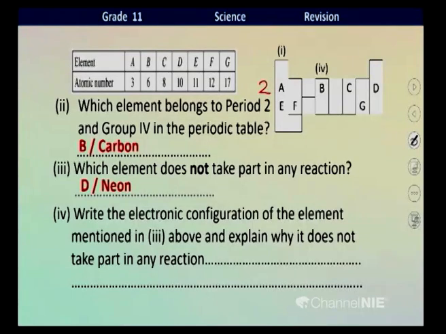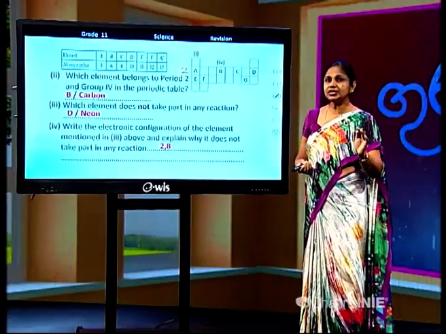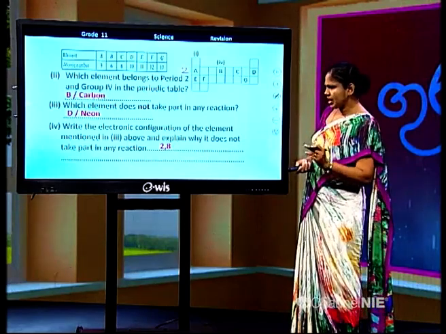Next, write the electronic configuration of the element mentioned in 3. Which is the element we mentioned in the third question, children? D or neon. Then electronic configuration of neon is 2,8. You know that atomic number of neon is 10. Then the electronic configuration is 2,8. Right? Then next one.